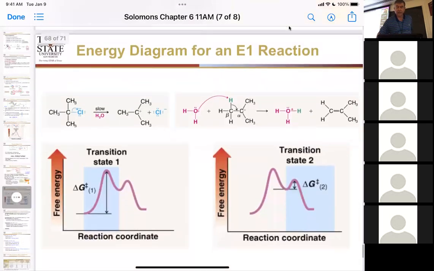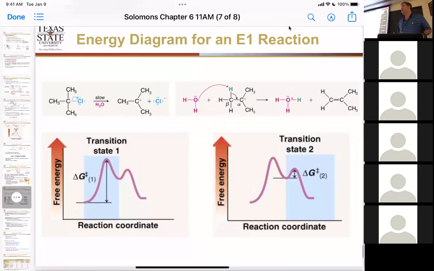Okay. So that means our energy diagram, because it's unimolecular, is going to have 2 humps. The first is our bigger transition energy, breaking of the bond to form our carbocation. The second thing that's going to happen is some base is going to have to come by and make it. Notice we're using water as a base in this case. In the other one, we used sodium hydroxide, a very strong base, or t-butoxide, very strong base.